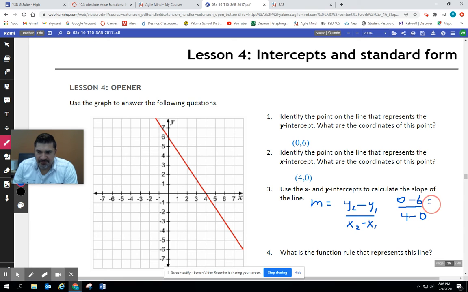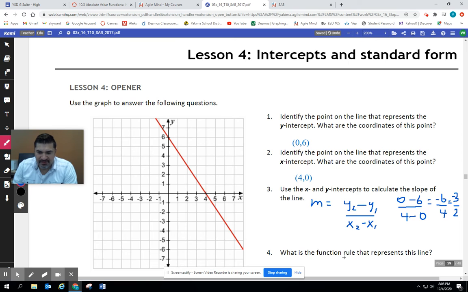So we end up with, on top, 0 minus 6, which is negative 6, over 4 minus 0 is 4. And we can actually reduce this. We can divide both of these by 2. So on top, if I divide this by 2, I get negative 3. And if I divide this by 2, I get 2. Okay, so that is my slope.